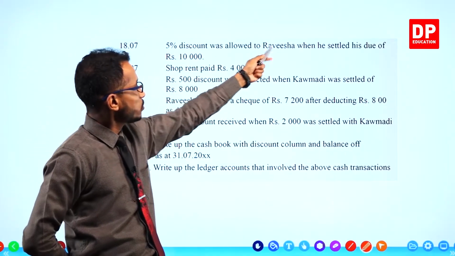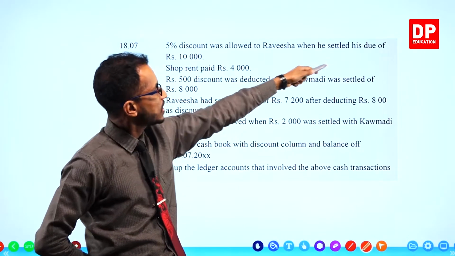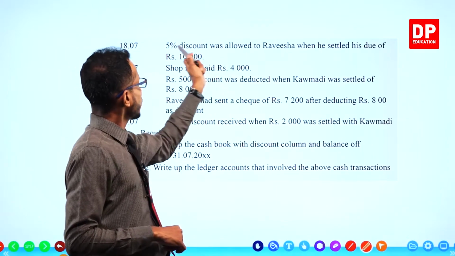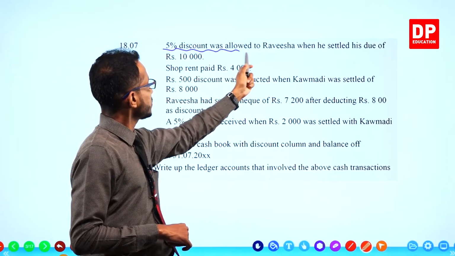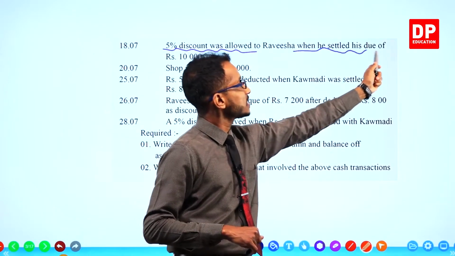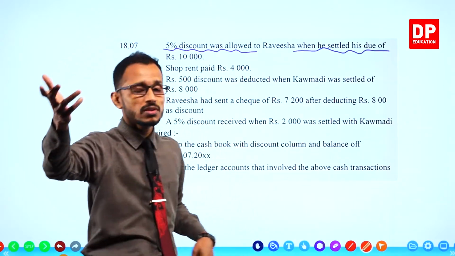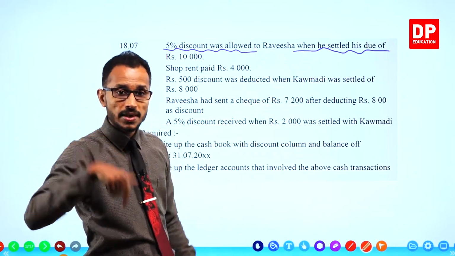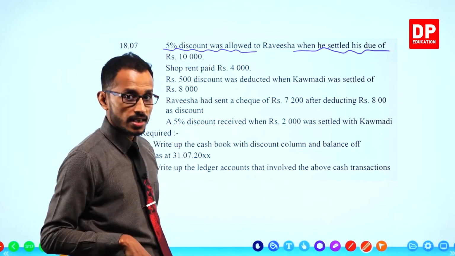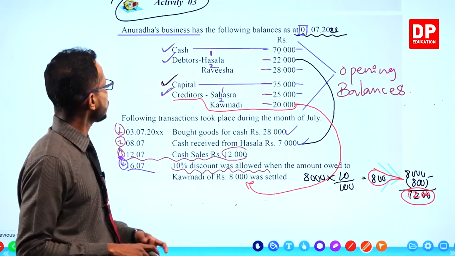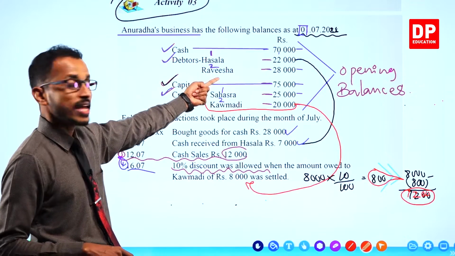5% discount was allowed to Ravisha when he settled his due of 10,000. Again, it says 5% discount was allowed when he settled his due. That means somebody called Ravisha is paying us. Let's check out in our opening balances whether we have that name. Yes, we have that name, Ravisha.